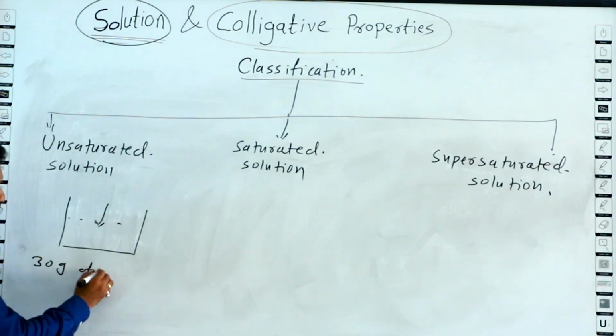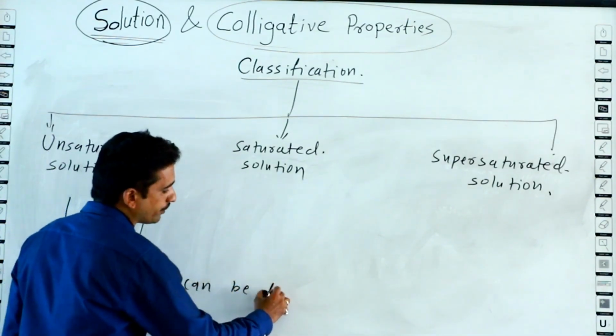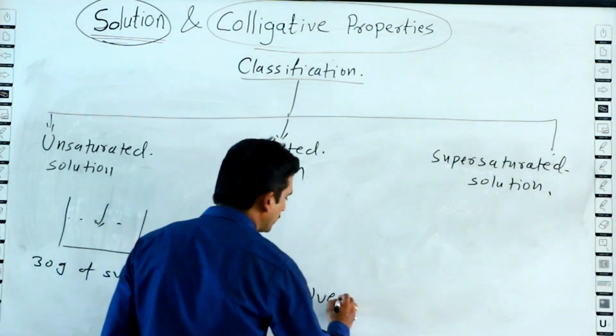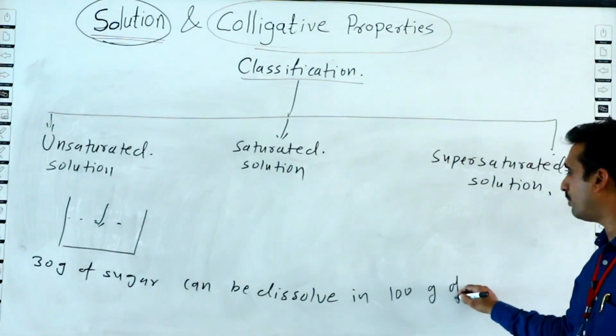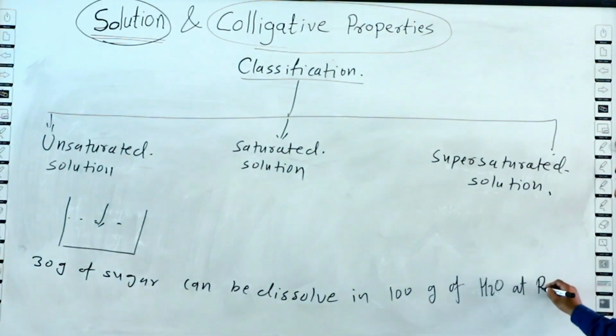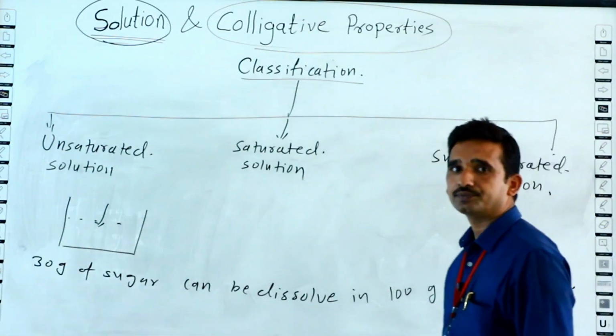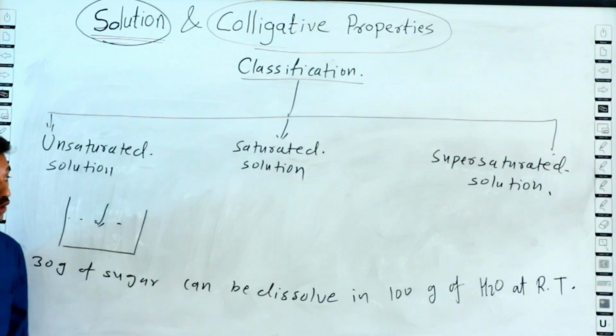30 gram of sugar can be dissolved in 100 gram of water at room temperature.